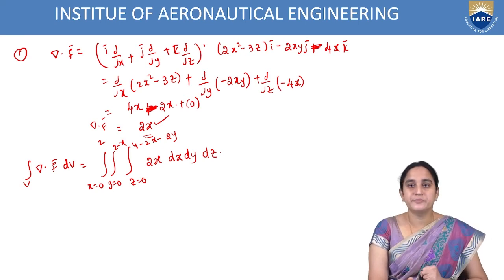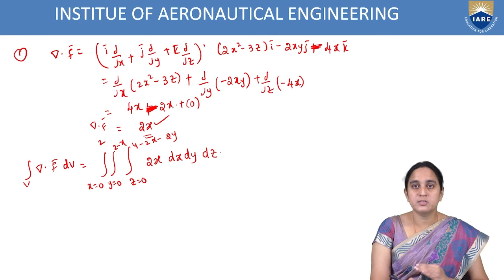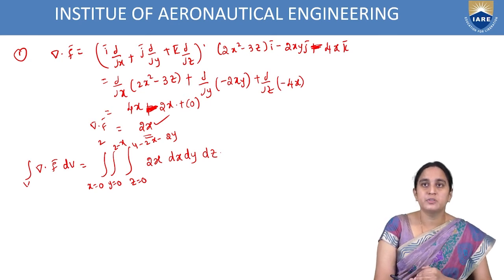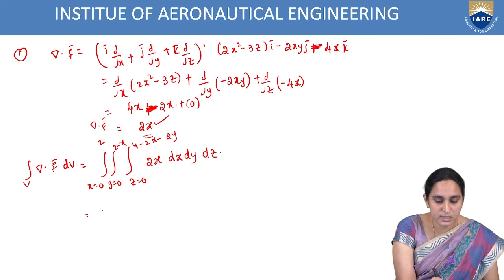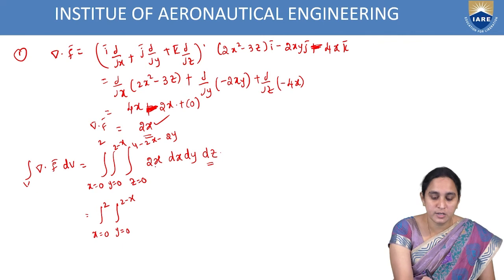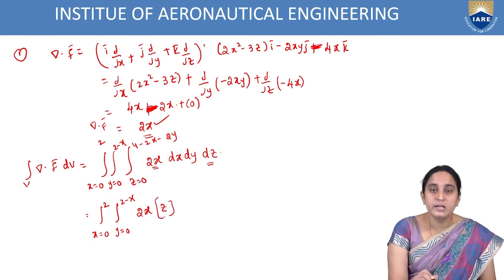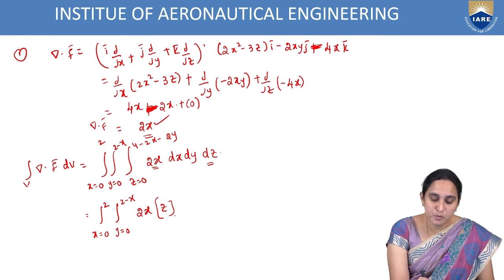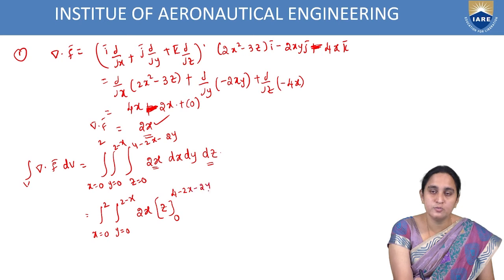Now integrate first with respect to z. What is the concept of the volume integral? First integration with respect to z. For that, the integral of x is 0 to 2 and the integral of y is 0 to 2 minus x. With respect to z integration, 2x is a constant. That means 2x into the integration of 1, which is z, with limit points 0 to 4 minus 2x minus 2y, into dx dy.